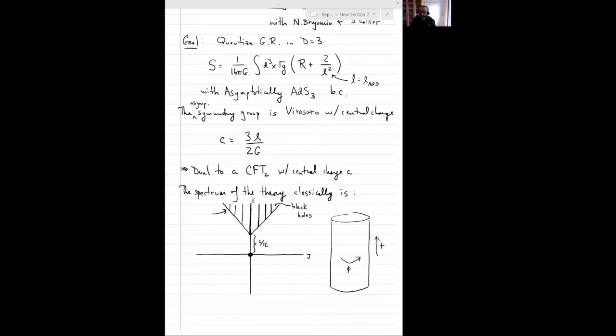And it turns out that exactly the same thing happens in this gravitational theory, except that in this case the analog of the gauge transformations acting on the boundary are diffeomorphisms acting on the boundary.